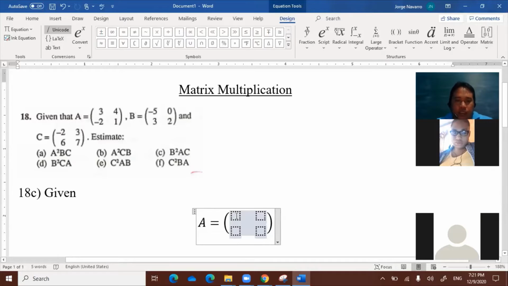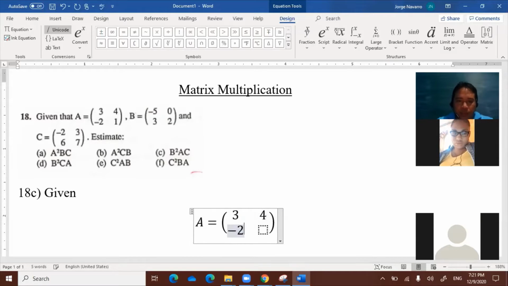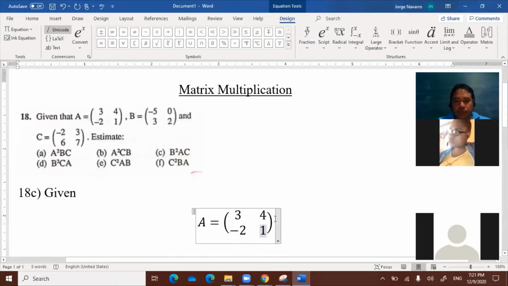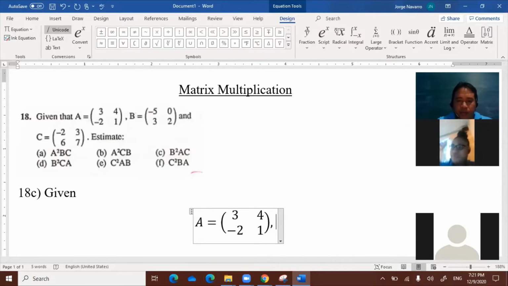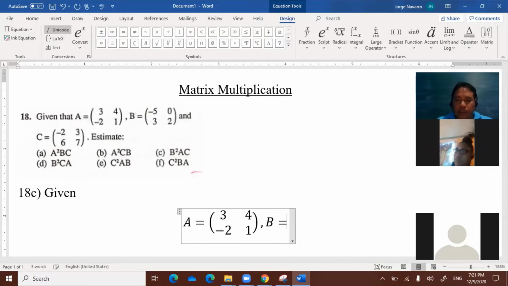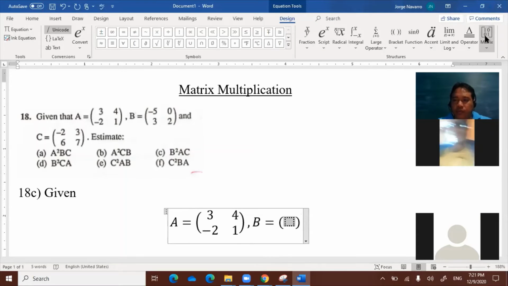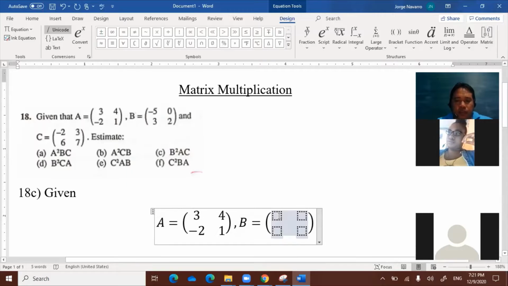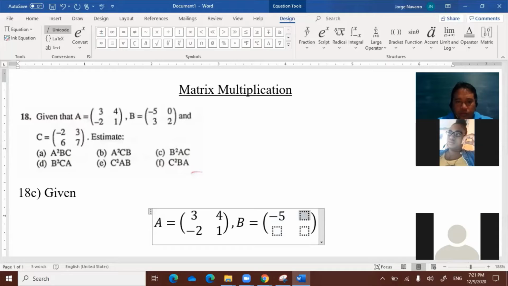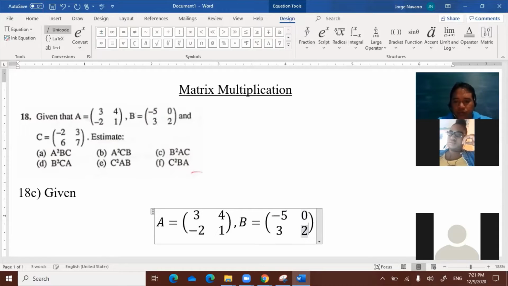The first one is 3, 4, -2, and 1. Then B, capital B, sorry, equals, again bracket, and then put another 2 by 2 matrix. So that's going to be -5, 0, 3, 2.